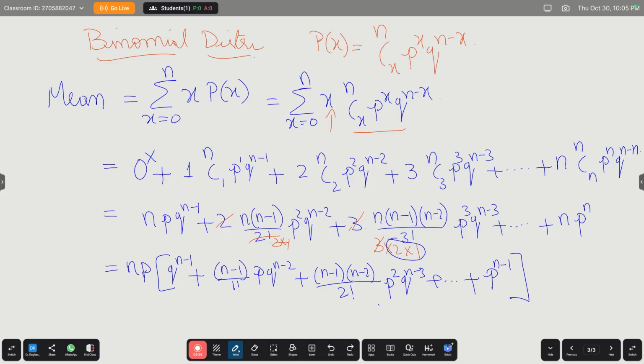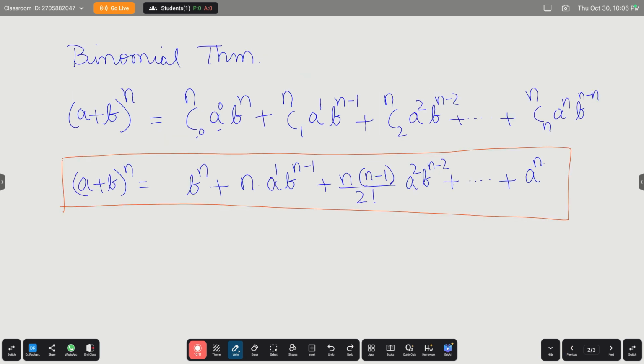Now this np into whatever is inside my square bracket, if you observe it carefully, is the binomial expansion of p plus q whole power n minus 1. If you want, you can check the expansion of a plus b whole power n. It starts with b power n and n into n minus 1 by 2 factorial, like that the coefficients go, and the a power is getting increased in every step, the b power is getting decreased.